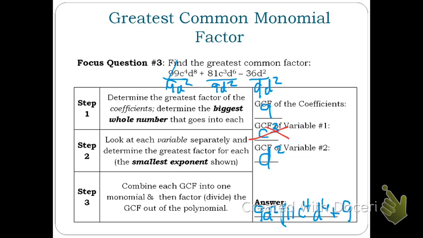C to the third divided by no c's is still c to the third. D to the sixth over d to the second is d to the fourth, minus 36 divided by 9 is 4. D to the second over d to the second, that would cancel out. So there we factored out this polynomial. You can always check these by distributing and making sure that you get the original answer.